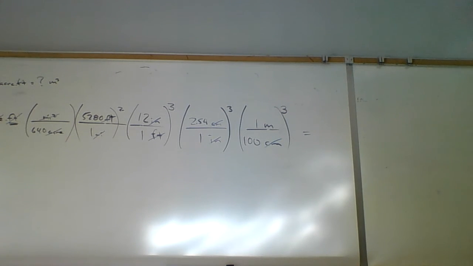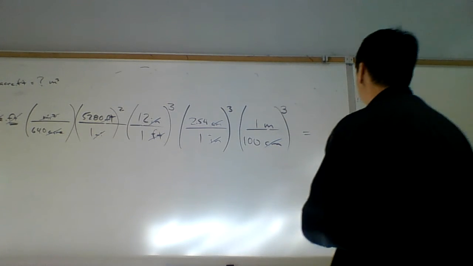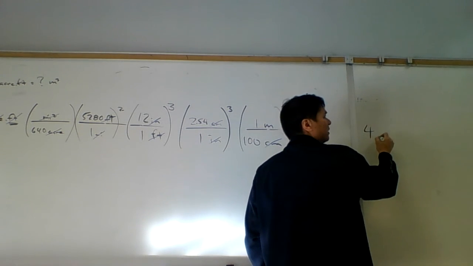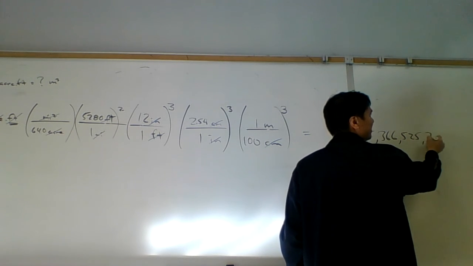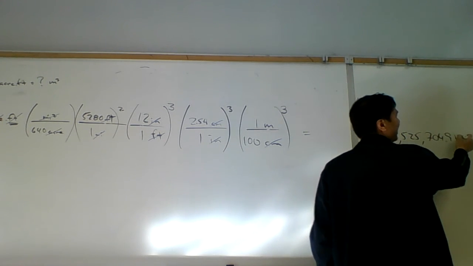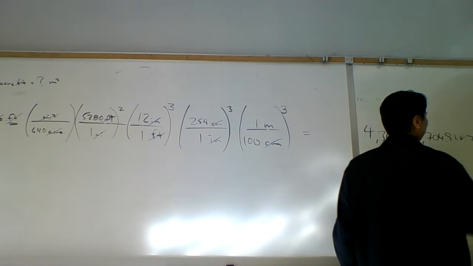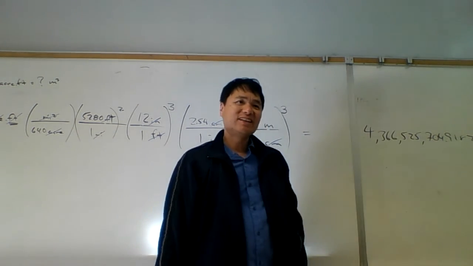What do we get here? 4,366,525,704.91822205. Are we going to write that many digits?